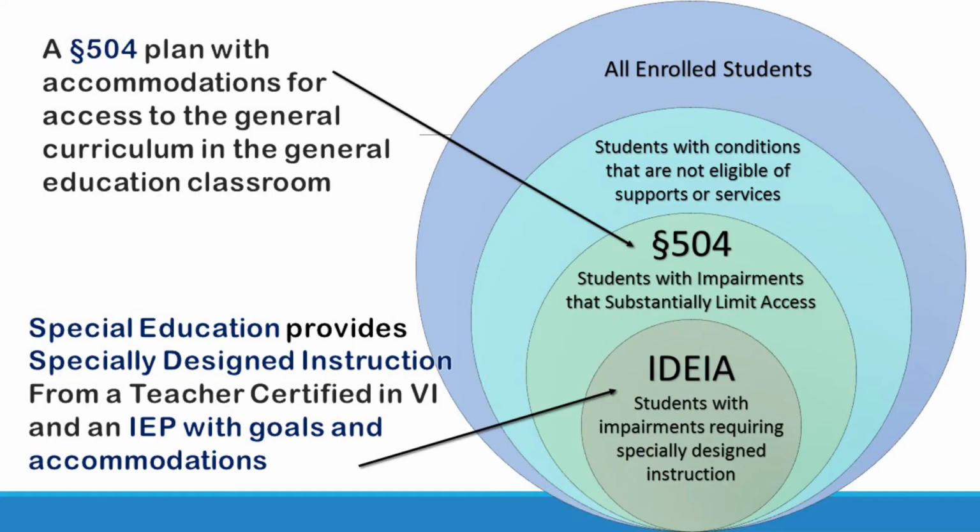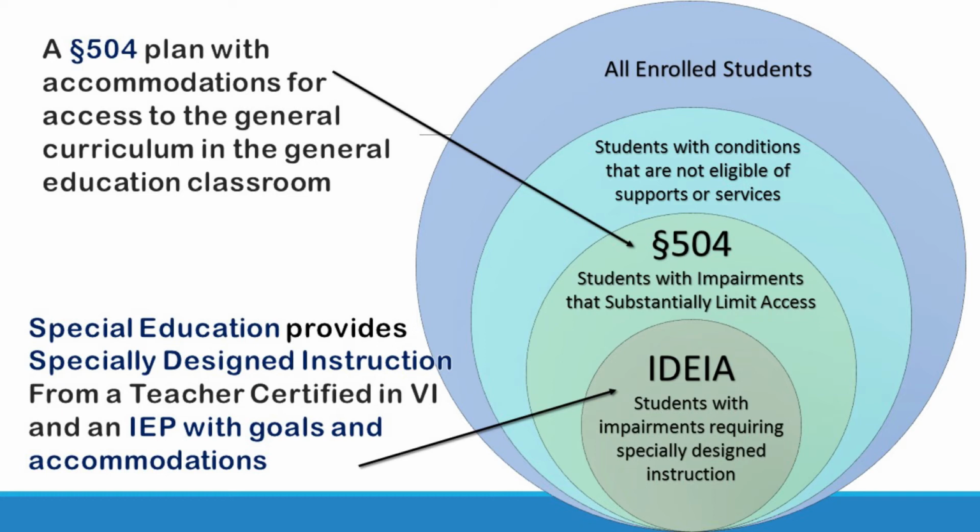This graphic identifies the bodies of students within the general enrollment who may have an identified condition. Students requiring supports and services will either be served through Section 504 or through the Individuals with Disabilities Education Improvement Act, known as IDEIA. Section 504 identifies the accommodations which a student needs to have equitable access to the instruction in the general education classroom.